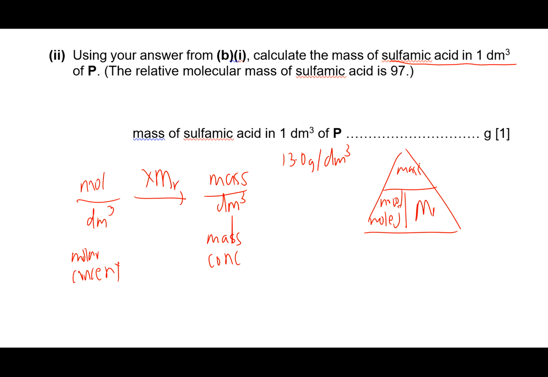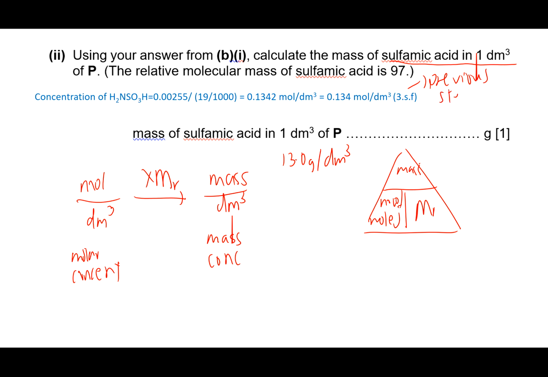To convert number of moles to mass, you just need to times the Mr. So using the concentration that we found from the previous step, I need to multiply by 97, which is the molecular mass in this case. This gives me the mass concentration, 13.0 g/dm³. Since I only have 1 dm³, I can times 13.0 g by 1 straight away. So therefore, the mass of sulfuric acid in 1 dm³ of P is 13.0 g.